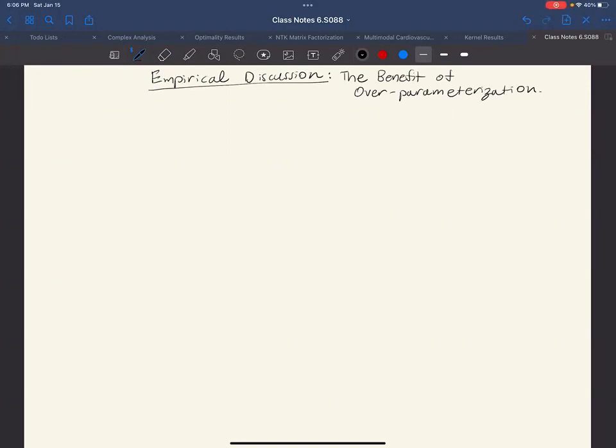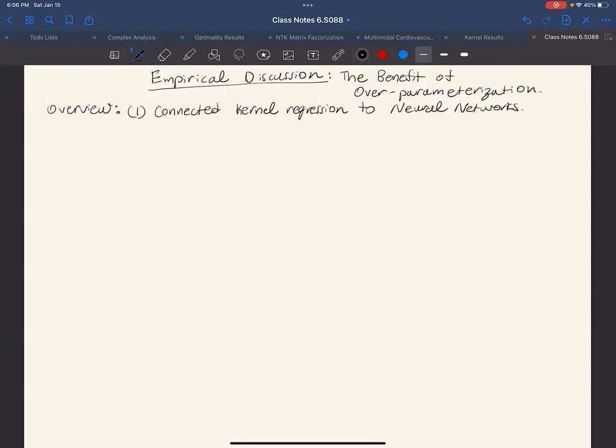So in this lecture so far, here's just an overview of what we've done. We had our whole kernel regression framework. We connected kernel regression to neural networks.